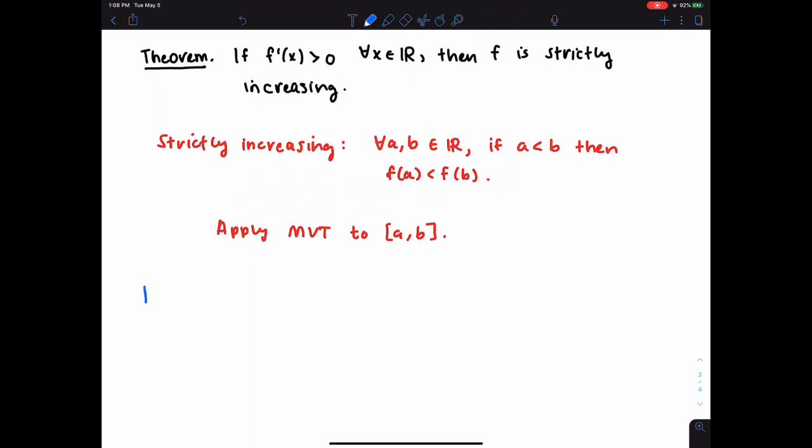So the proof of this is really just going to be direct and sort of follow your nose, so I'm going to start writing it as we talk through it.